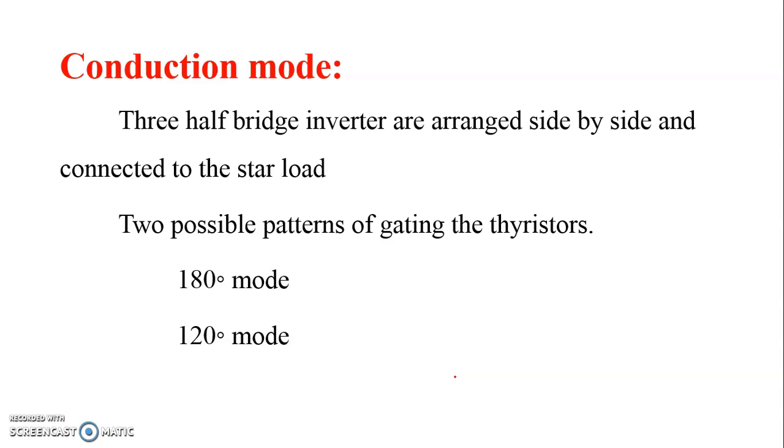In the 180 degree mode, each thyristor conducts for 180 degrees. In the 120 degree mode, each thyristor conducts for 120 degrees. In this video, we are going to see the 180 degree mode of conduction.